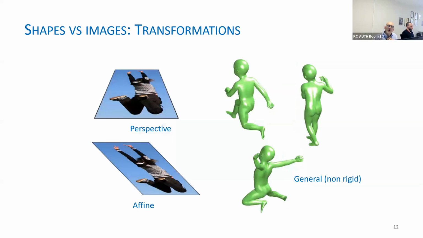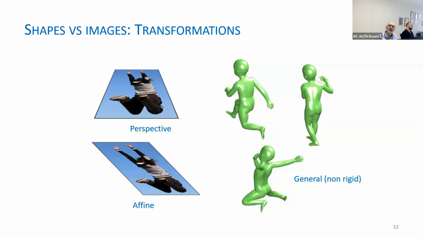And as another difference, here you can see transformations, for example. In the case of images, the transformations are something that you probably have studied in some mathematical courses. So, for example, the perspective transformations or the affine transformations. The idea is you start from a domain and you preserve some geometric characteristics.